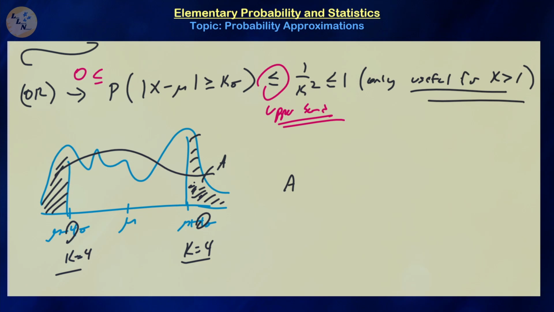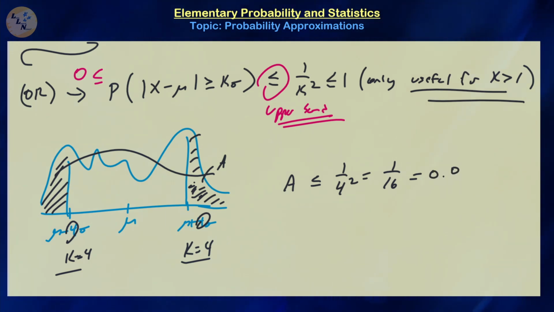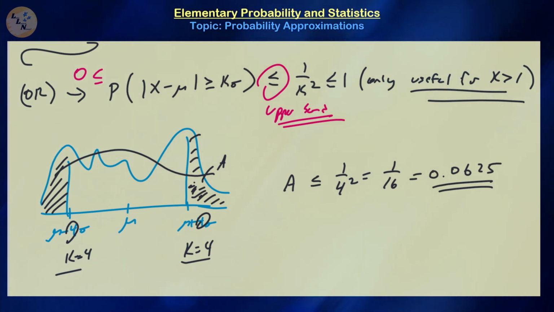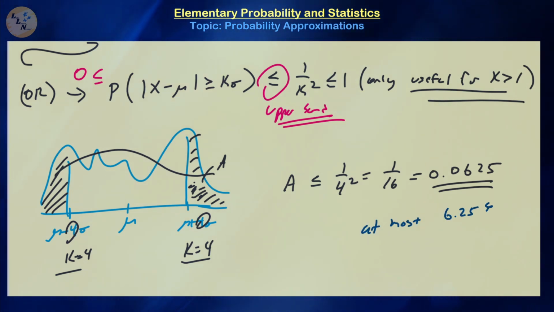So according to this, the area is going to be less than or equal to 1 over 4 squared, which is 1 over 16, which we know is going to be 0.0625. So regardless of the shape of this distribution, the probability that we're more than 4 standard deviations of the mean is going to be at most 6.25%, right?